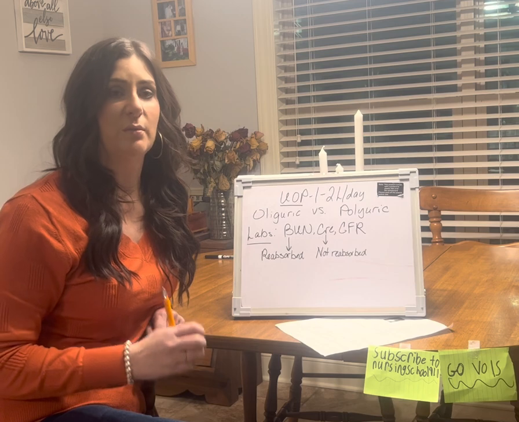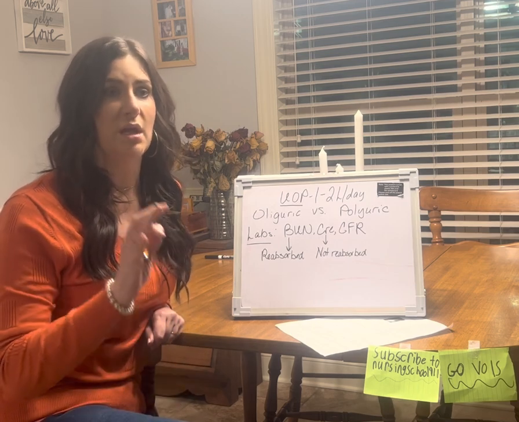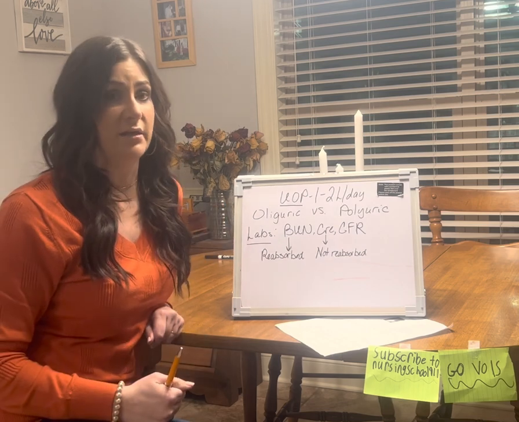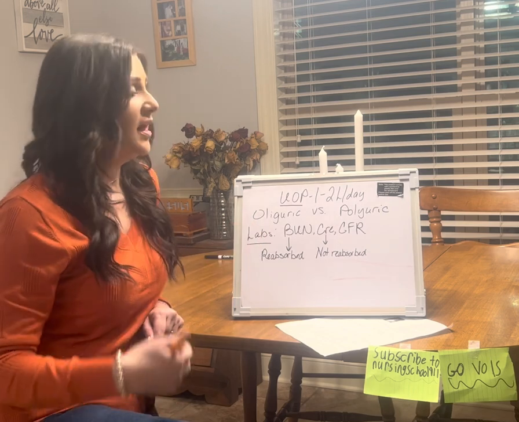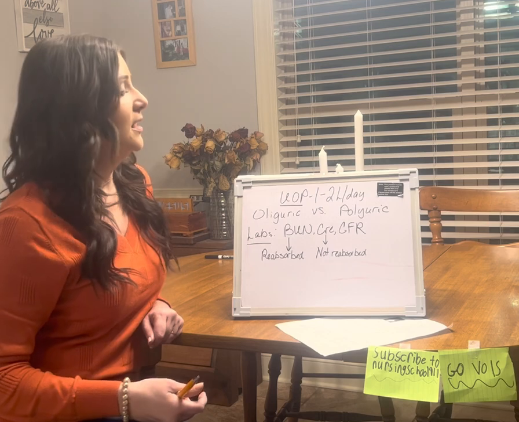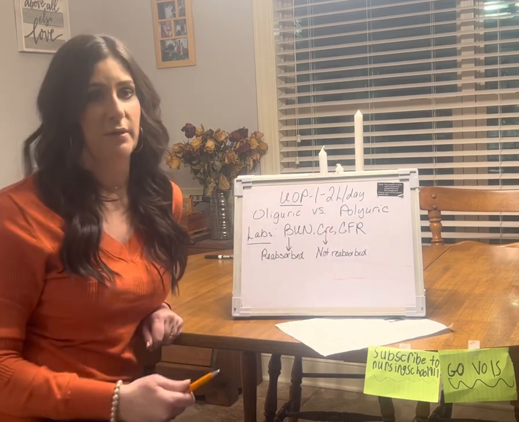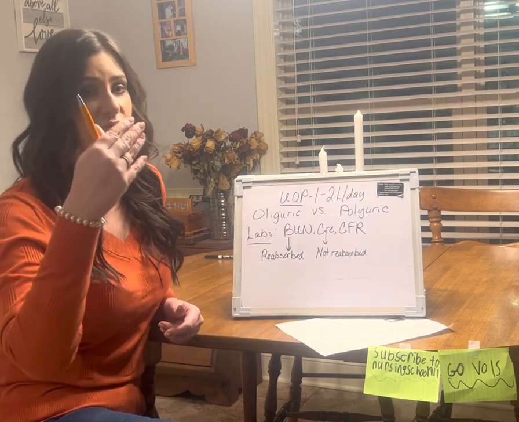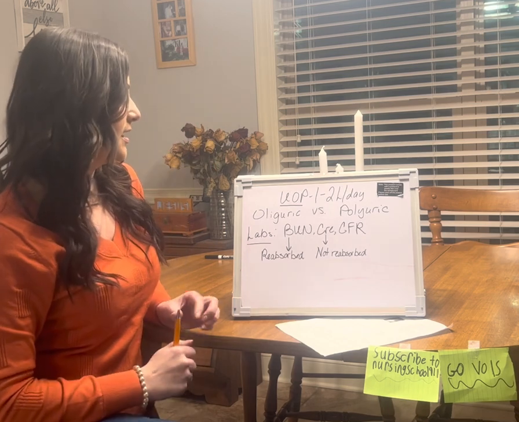The number to remember there is 400 milliliters of urine in a 24-hour period. That constitutes the oliguric phase, all right? That is gonna last a week or 2, and then if your patient moves into the polyuric phase, then obviously they're gonna be putting out more urine than 2 liters per day, all right? But the number to remember here for oliguria is 400 milliliters per day, less than that, all right?